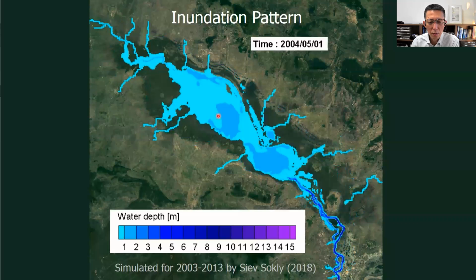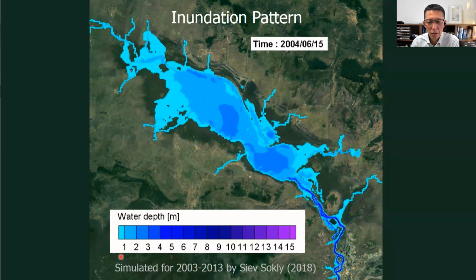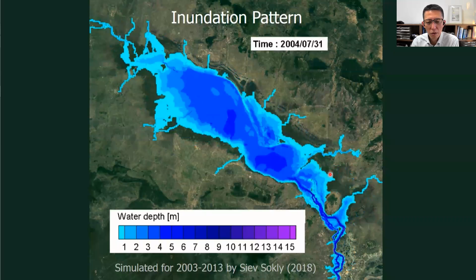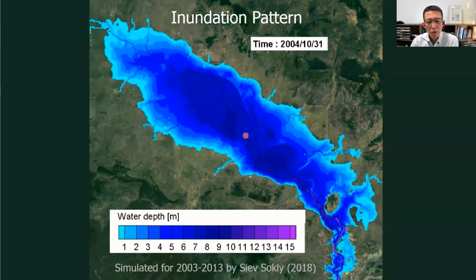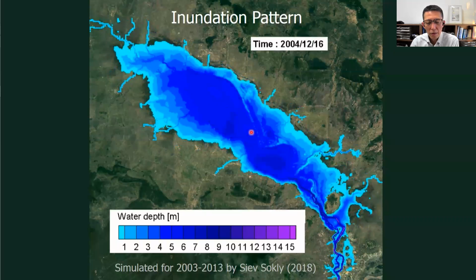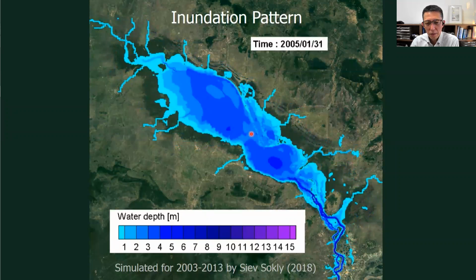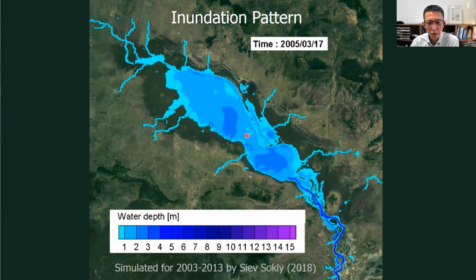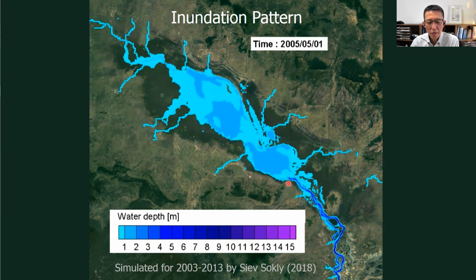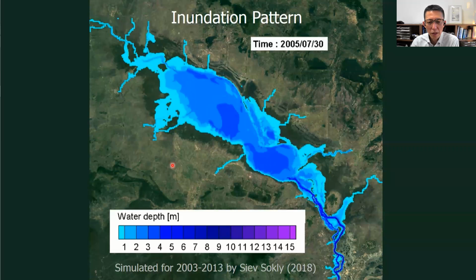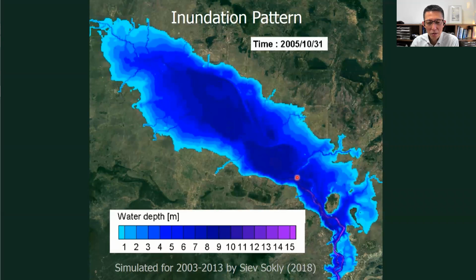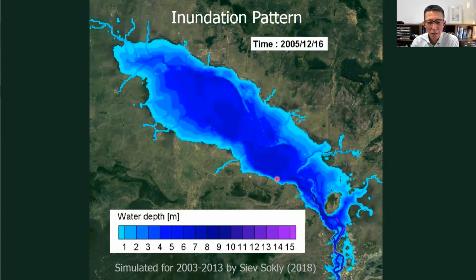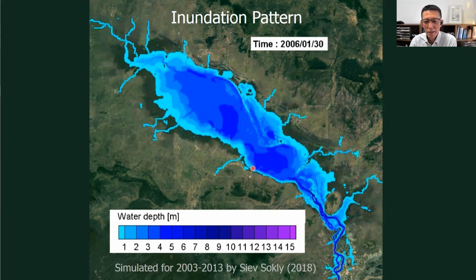The shallowest water level is around 1 meter. So in the shallowest condition, you can even walk through the lake. The size of the lake in the dry season is about 100 kilometers. So it's not a small lake, it's big. The largest water area in the rainy season is about 5 or 6 times larger than the area in the smallest size.